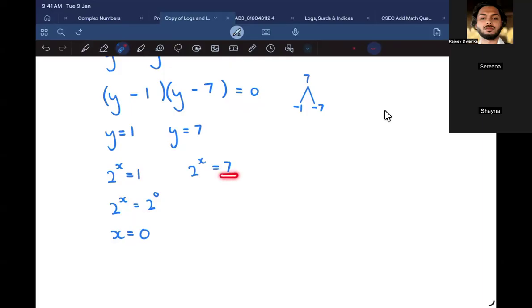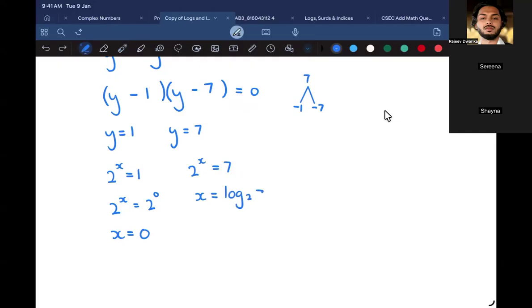Now, for this, you agree that we wouldn't be able to write 7 as 2 to some power, so we should probably use logs there. So if you're using logs to find the power, x would be equal to what? x would be equal to log base 2 of 7.